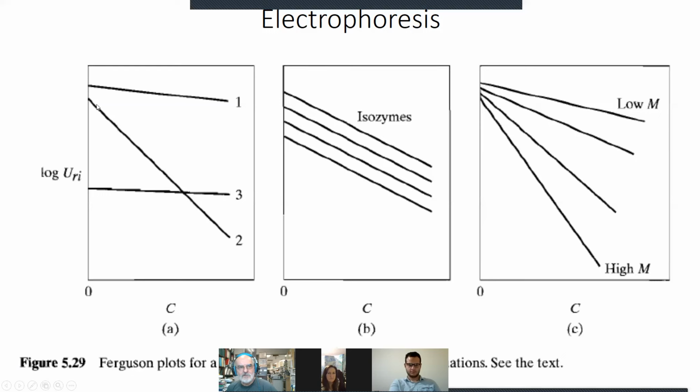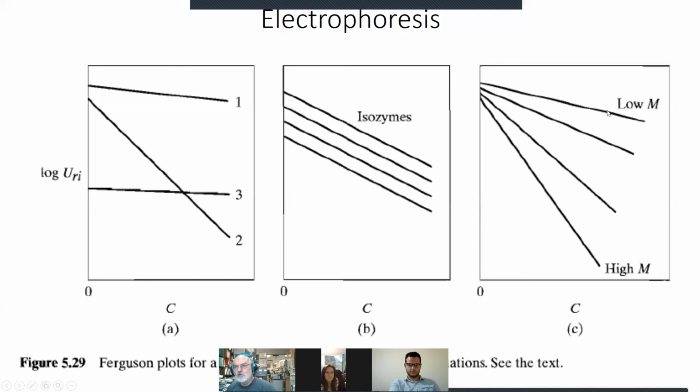At low concentrations of acrylamide, it's essentially free electrophoresis here, free boundary electrophoresis. It has a certain mobility that depends upon the net charge, which of course depends upon the pH. So that's a hidden variable here. But then as it begins to fractionate due to sieving, its mobility will slow down simply because it's impeded by the sieving.